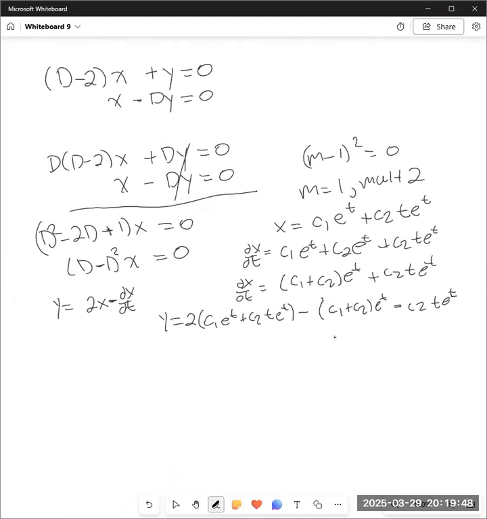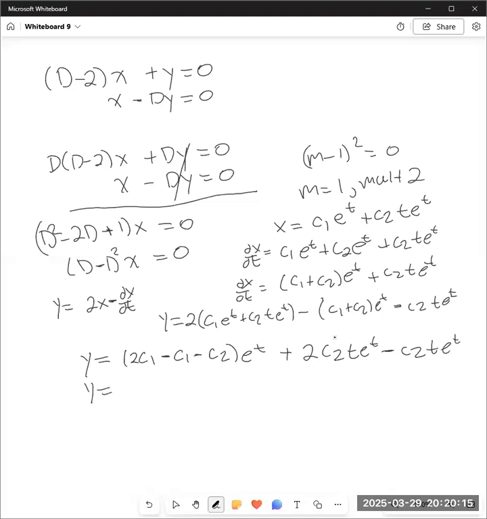We have y equals (2c1 minus c1 minus c2) e to the t plus 2c2 t e to the t minus c2 t e to the t.